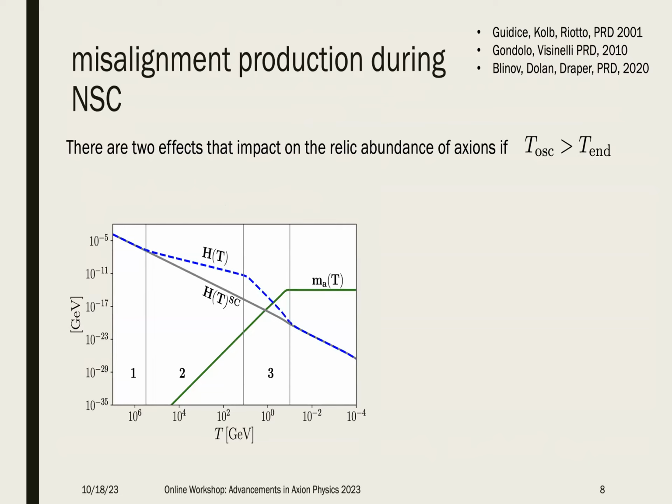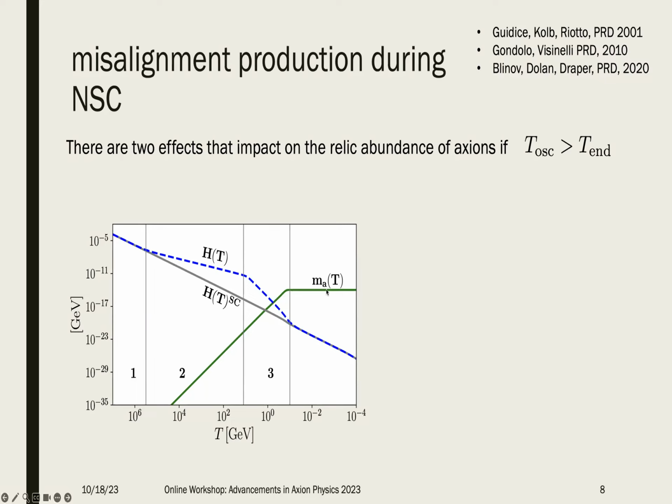There are 2 effects that are important for the relic abundance if the oscillation temperature of the axion is higher than this Tn temperature. Here you can see the Hubble parameter in the case of a radiation-dominated scenario, this is the gray line, and the dashed blue line is the evolution of the Hubble parameter in terms of the temperature for a non-standard cosmology.